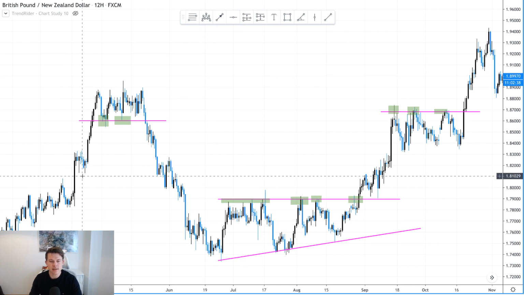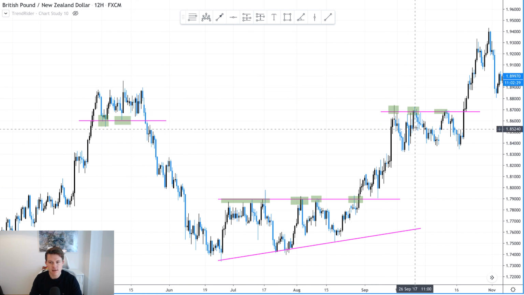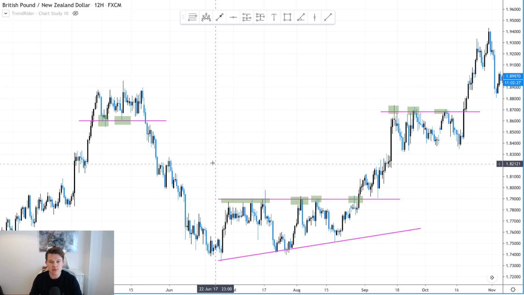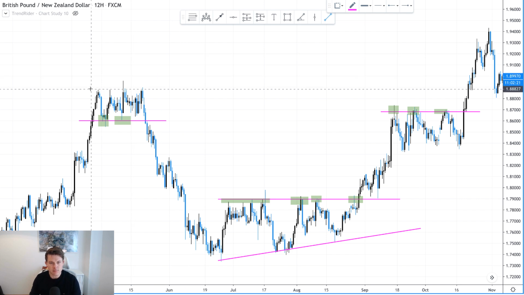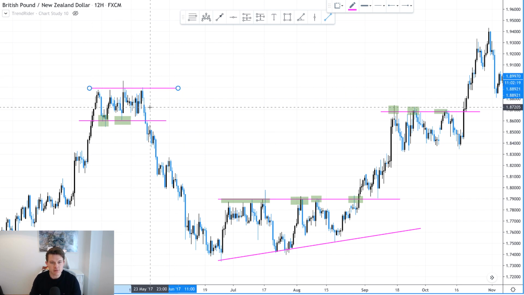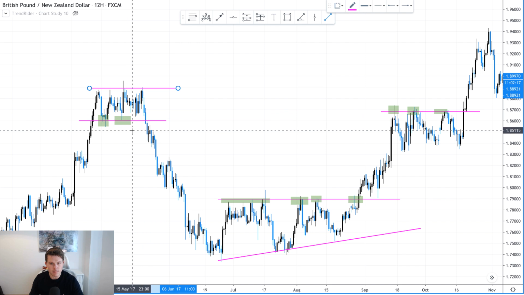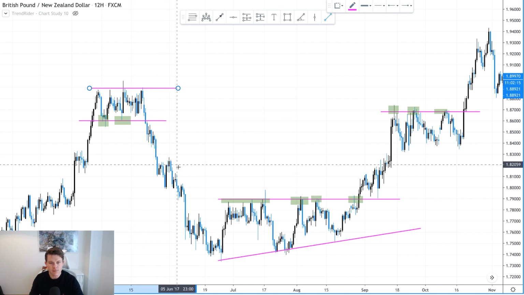So I started looking at charts very differently, and I noticed that there are those certain patterns, sideways phases, that connect trending phases. So when we look at the uptrend here, you can see the uptrend came to an end with this triple top, and then once this triple top was completed and the market moved away from it, the new downtrend started.